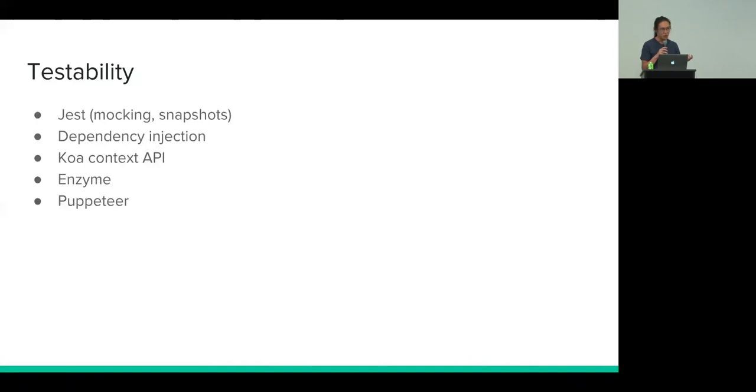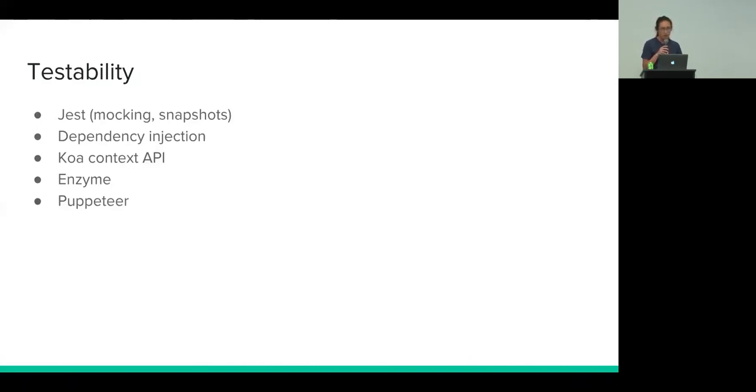For example, for simulating a request, instead of actually launching your server and sending a network request and seeing what that looks like, you can mock the whole thing. You mock the entire network out, and you can say, I'm just going to send a thing that looks like a context, send it into middleware, get it back out, and see what it looks like. It makes for easier and faster tests.